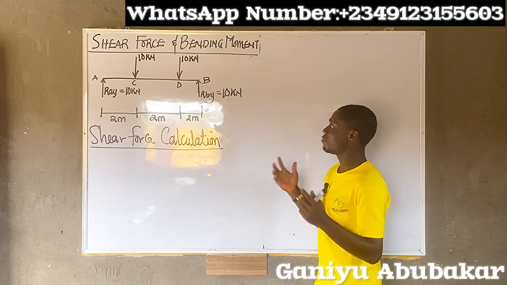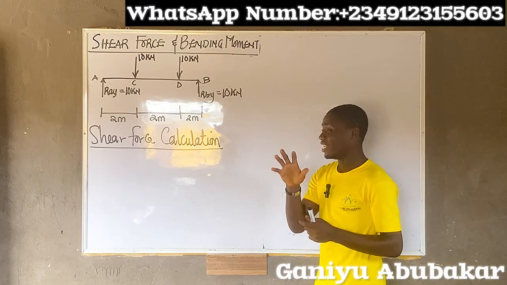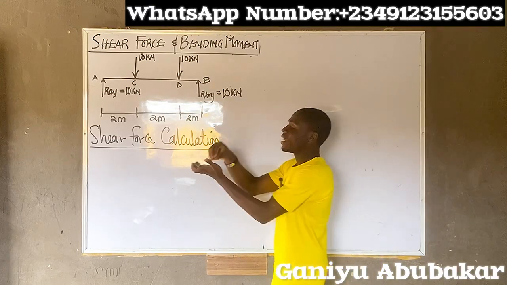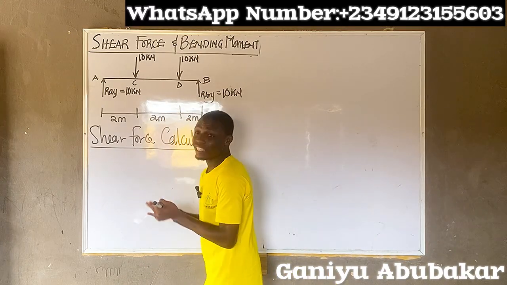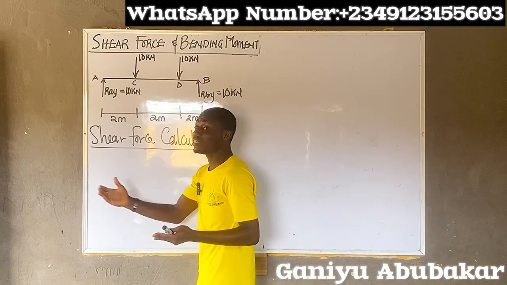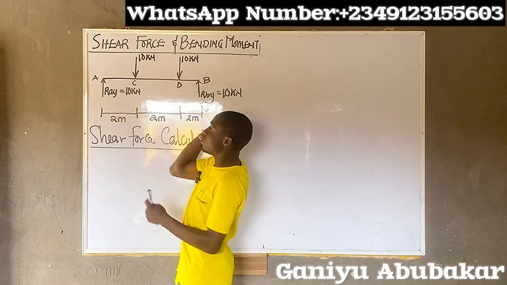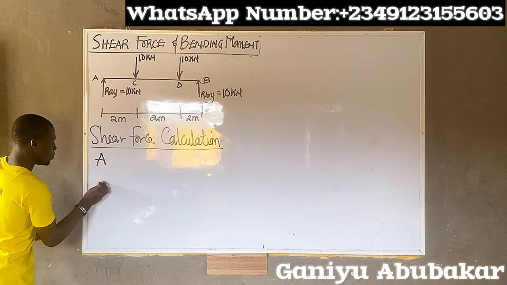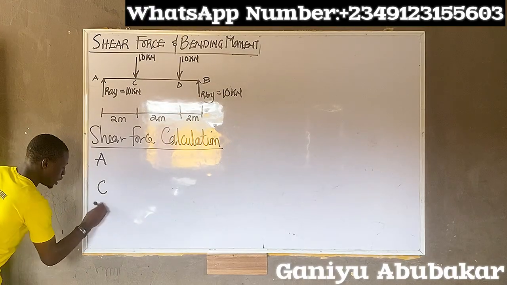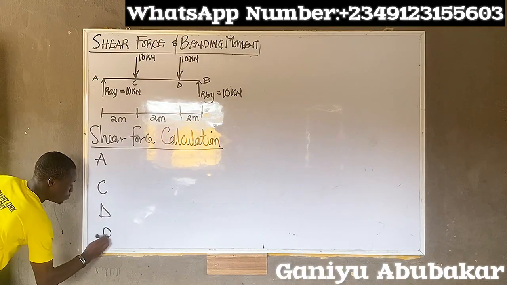I want to get shear force calculation. It's easy: identify the sections in the diagram. I have A, C, D, and B, not A, B, C, D. Follow them the way you are seeing it. I'm seeing A first, before C, before D, and before B.